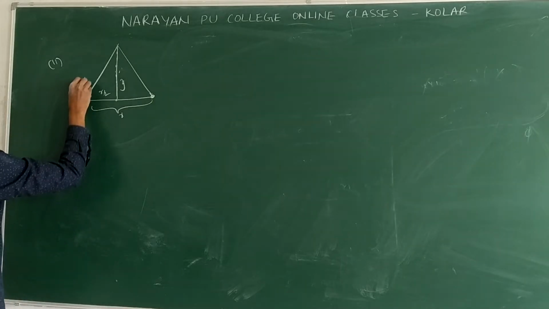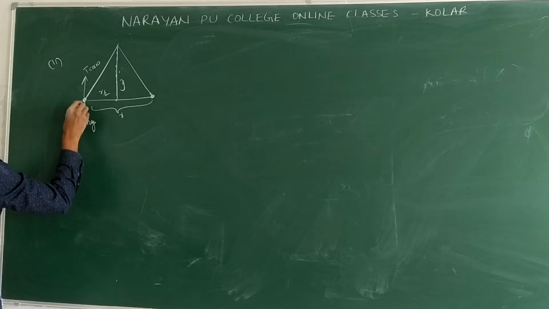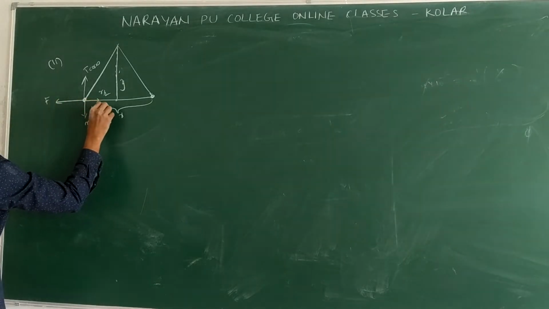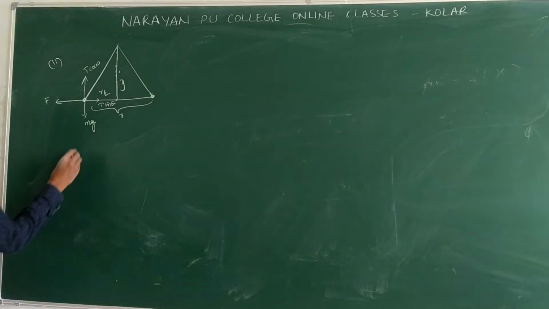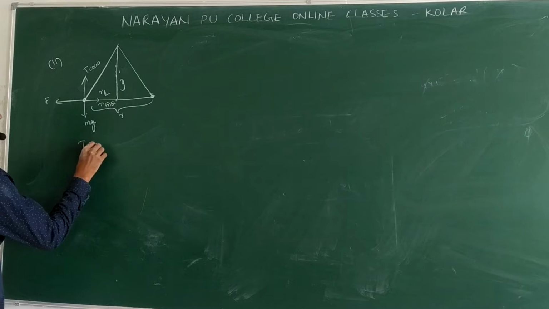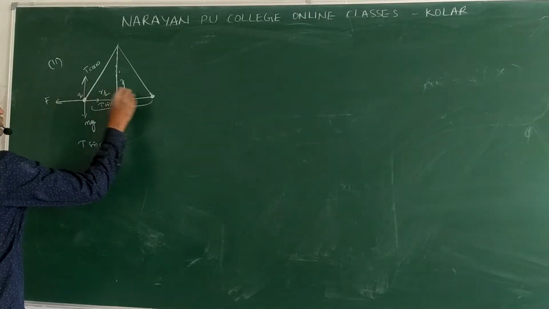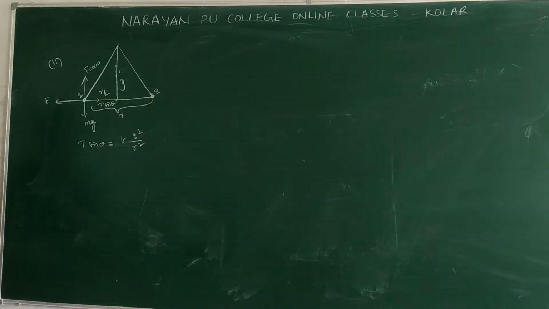Already we have seen this, T cos theta is balanced with mg, and this electrostatic force is balanced with T sin theta. From this, how do we write? T sin theta is equal to K into equal charges Q and Q, so Q square by R square.